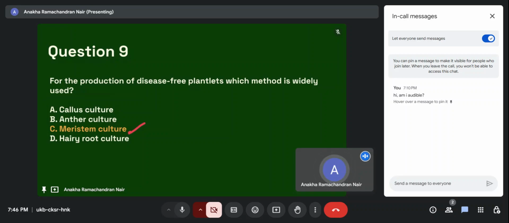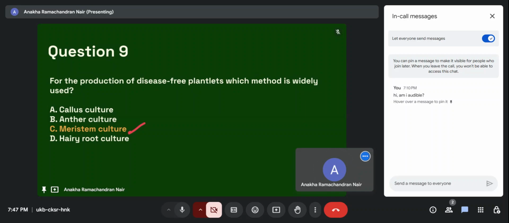Now, if you use any part of the plant to produce new offspring, since the viruses are within the cells, you might not be able to use any antiviral chemicals to remove these viruses. So any plant that you make from these cultures will also have the virus in it, right? So to avoid that, if you have such a plant, you use meristem culture to get a disease-free plantlet, right?